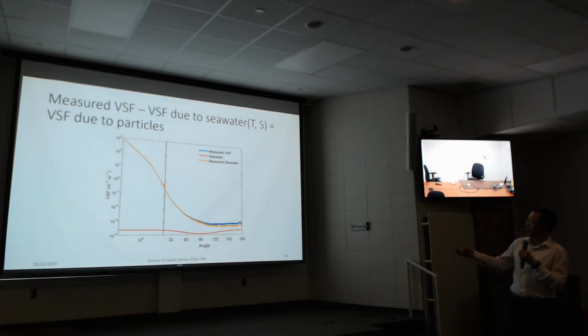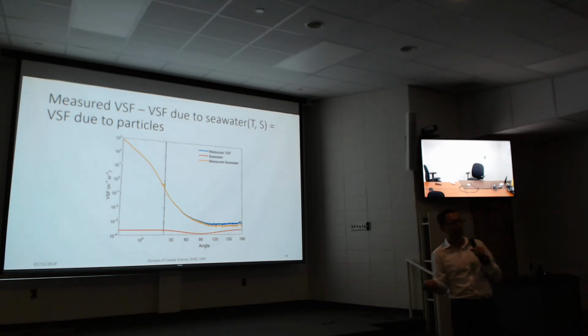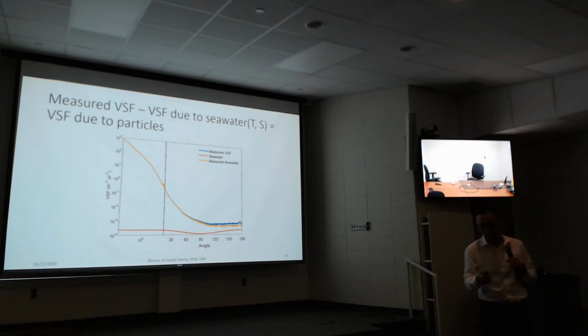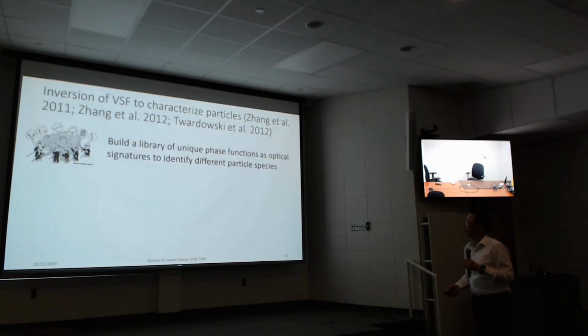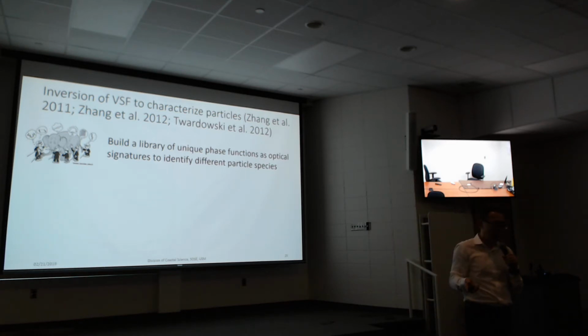The blue line is the total scattering we measured, and the red line is the scattering due to seawater that we calculate and subtract. The yellow line is the scattering attributable only to particles. Now we have scattering only due to particles.